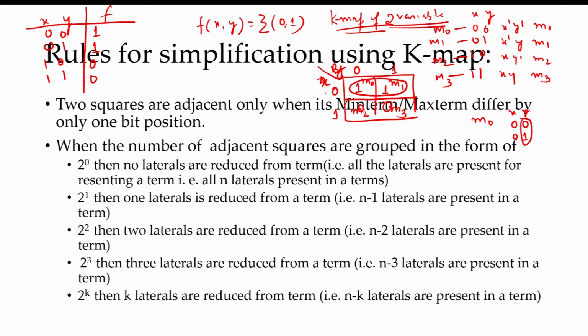This means the output depends on the value of x, and doesn't depend on the value of y. This group is represented by this row, and row 0 represents this. Since the function is in SOP form, when the value is 0 it is represented by its complement. So this is nothing but x complement.